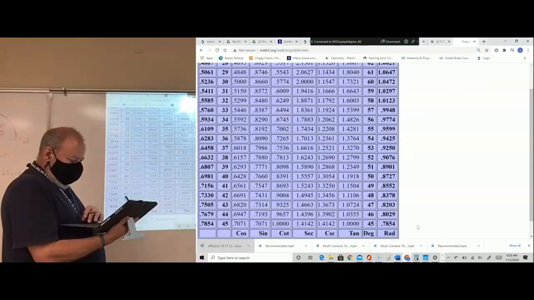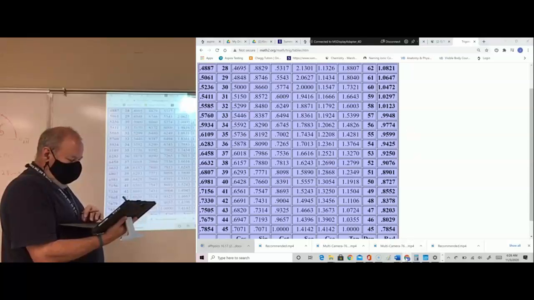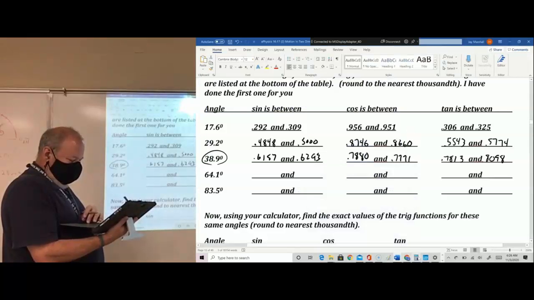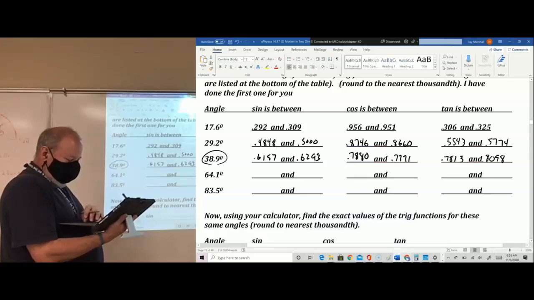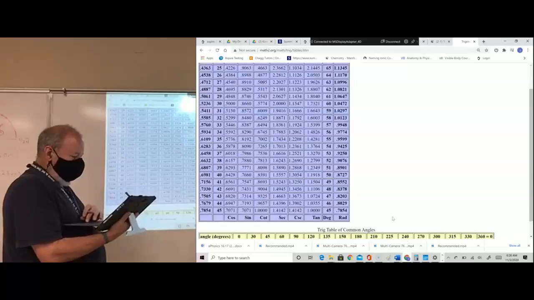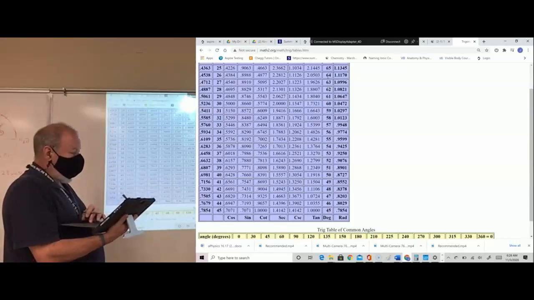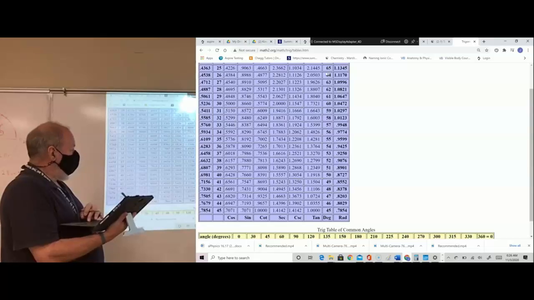And then on the other side of this, an angle is 64.1, okay? My value is on the other side. I've gone over here to the other side, and it's between 64 and 65.